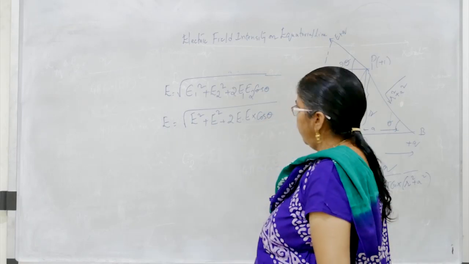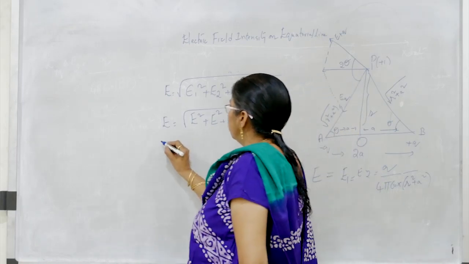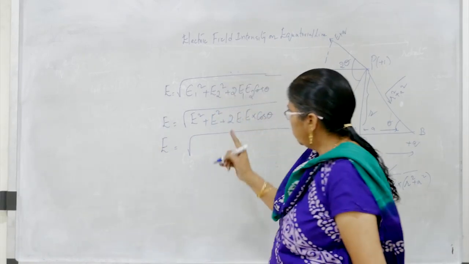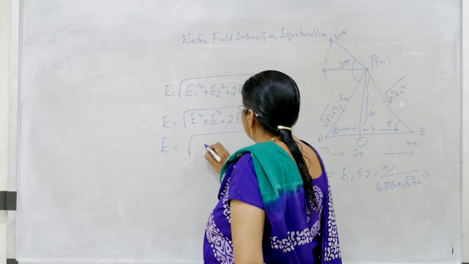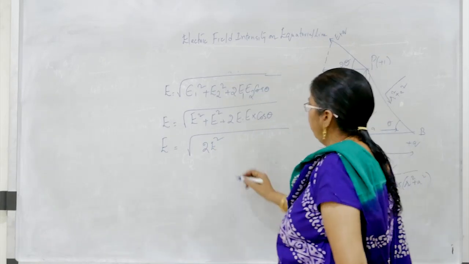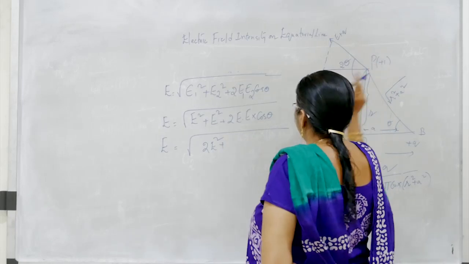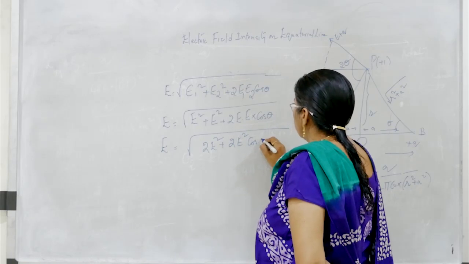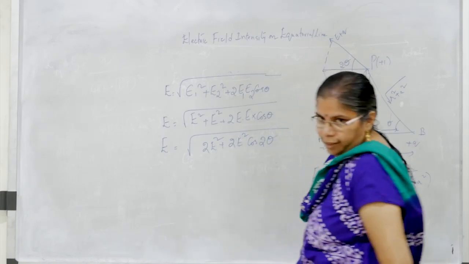So this is the formula that we are going to get. So E is equal to square root of E square plus E square, this becomes 2E square. In place of theta I will put 2 theta because this is the total angle. So 2E square plus 2E square cos 2 theta. So this is the total angle.